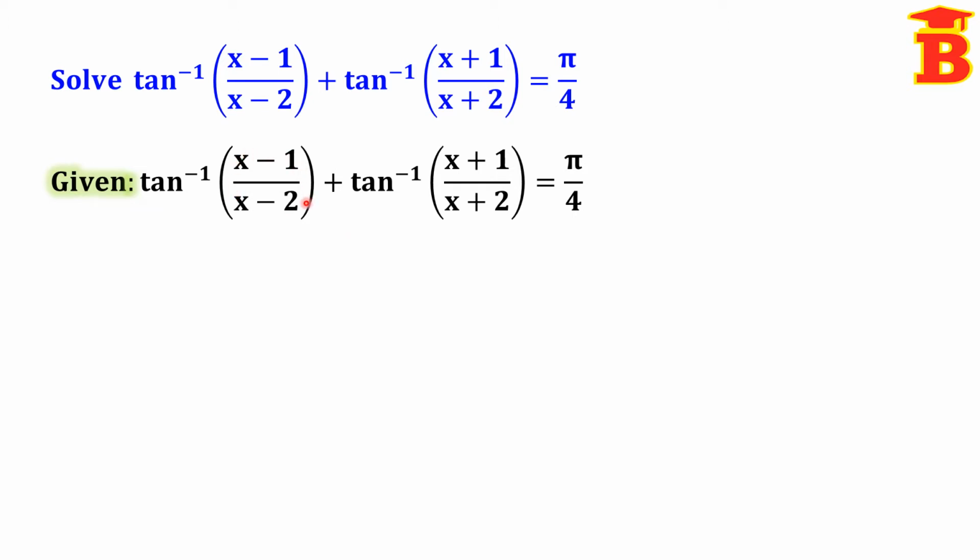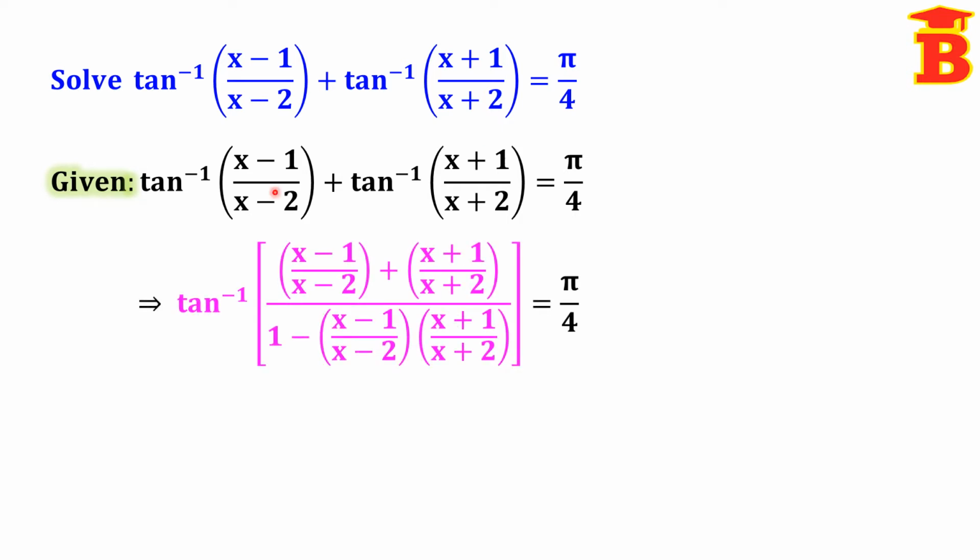This is the first bracket and this is the second bracket. So using the formula, tan inverse of (first bracket plus second bracket) whole divided by (1 minus first bracket into second bracket) equal to the right hand side, pi by 4. So remember this formula.